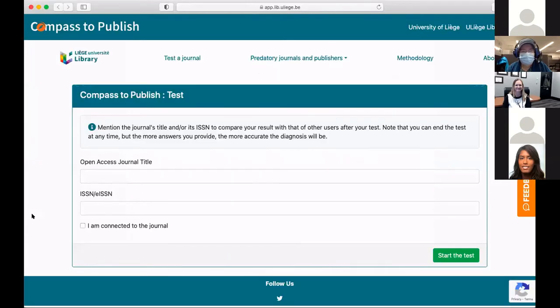Humans will win. That's what's going to be on my t-shirt. So if you want to test the journal, you put in the name and you start the test, and it goes through the checks and balances of what this is. It has a little bit more about predatory journals and publishers. This is brand new from November. Let me know how your mileage goes. I'm still looking at it myself.